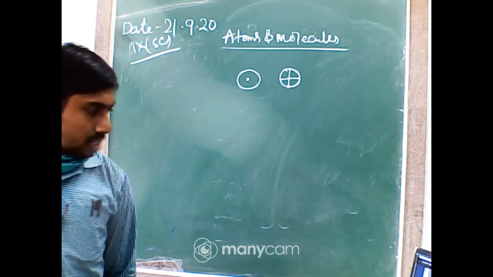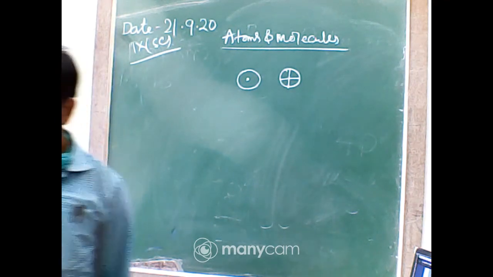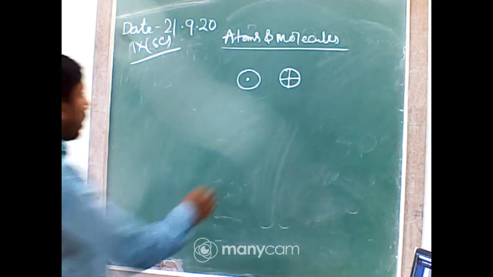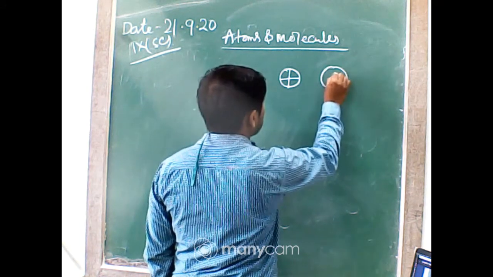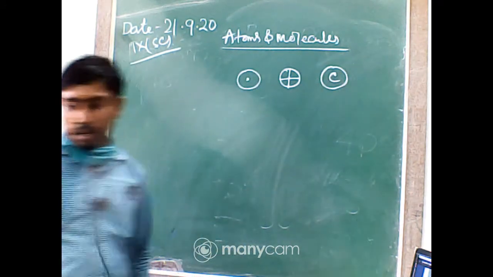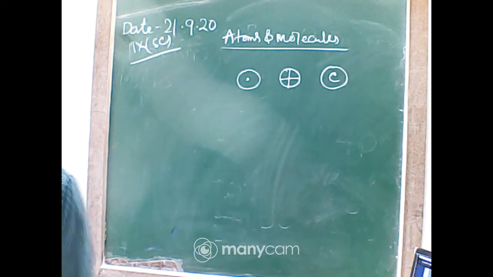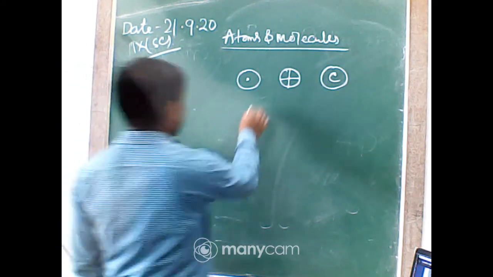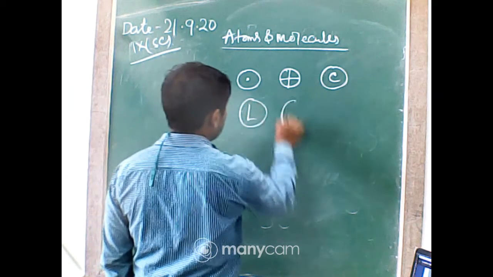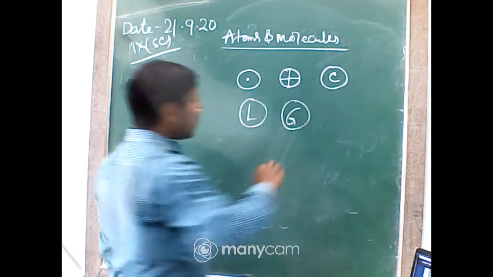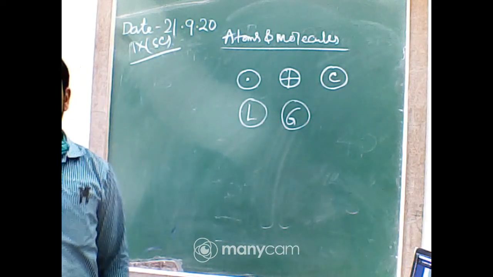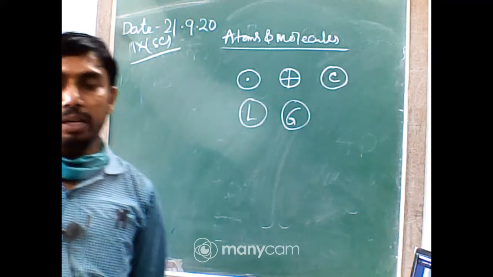Next one has a C inside a circle. These are the symbols: one L inside the circle, one G inside the circle. These are the representations of atoms, the atoms of different elements.